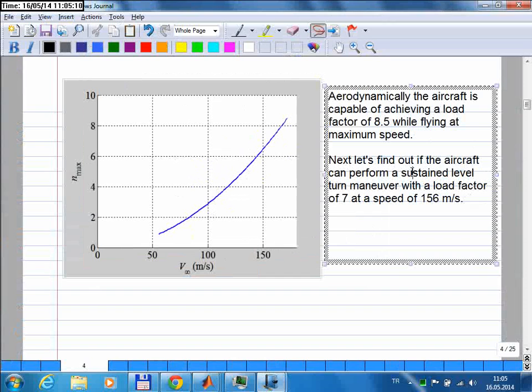So the critical thing we should check now is, aerodynamically we know that it can generate that much lift force. It has sufficient lift coefficient to give that load factor. But let's see if the engines can sustain that maneuver. That means the engine should provide enough thrust force to balance the drag force during that maneuver.